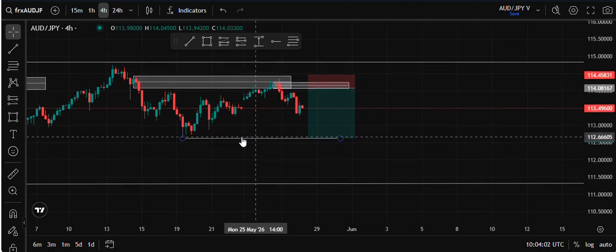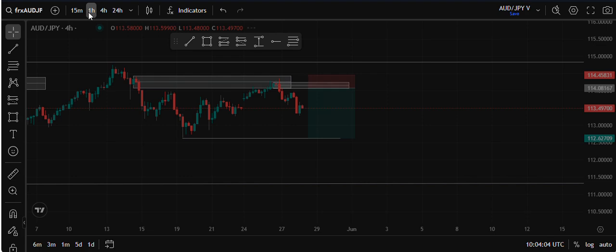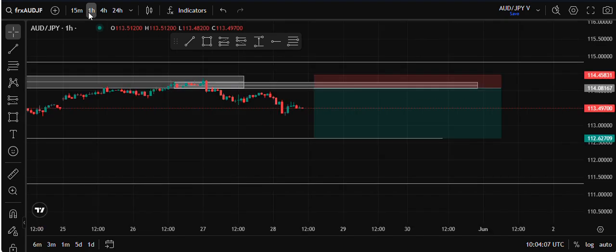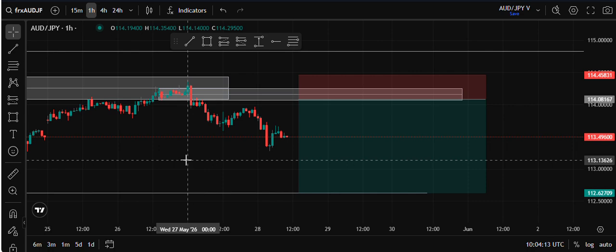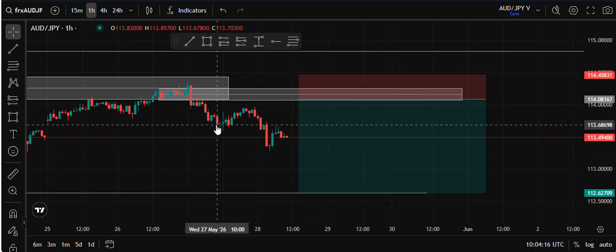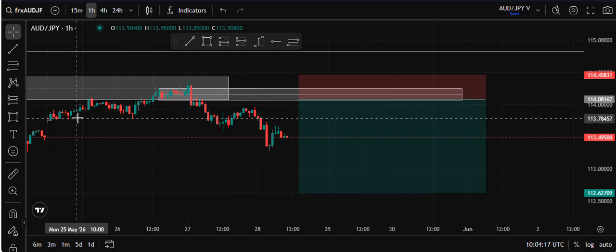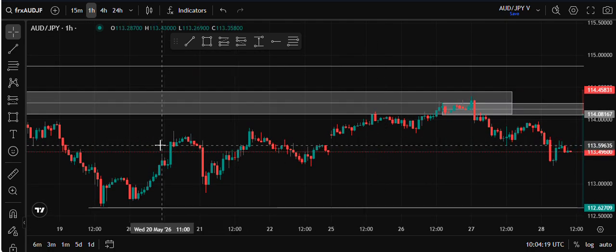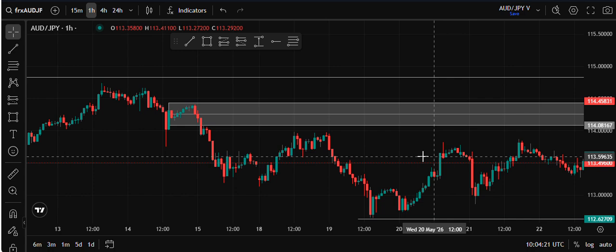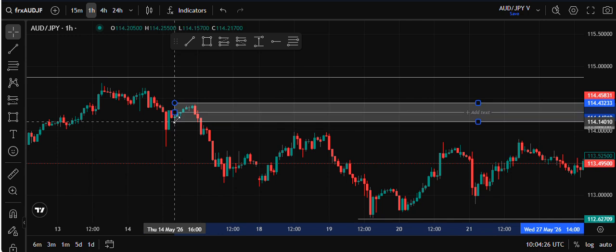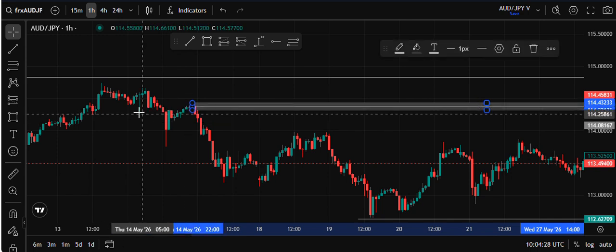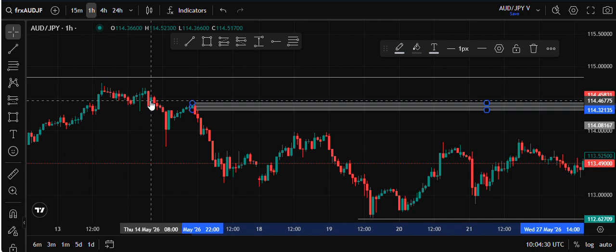Now let's see 1 hour. If we are going to see anything different on the 1 hour time frame. On the 1 hour time frame, we have something of this nature, and as you can see, it still respected this level here.